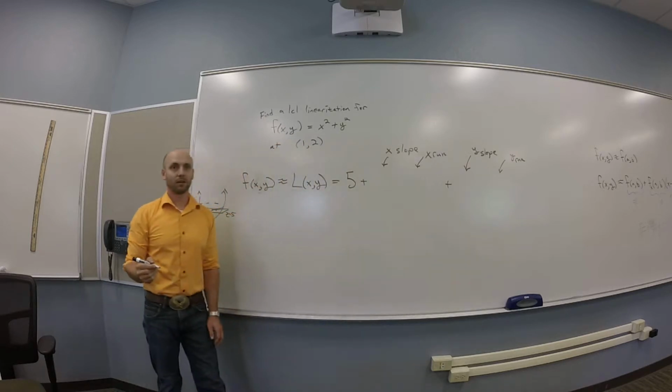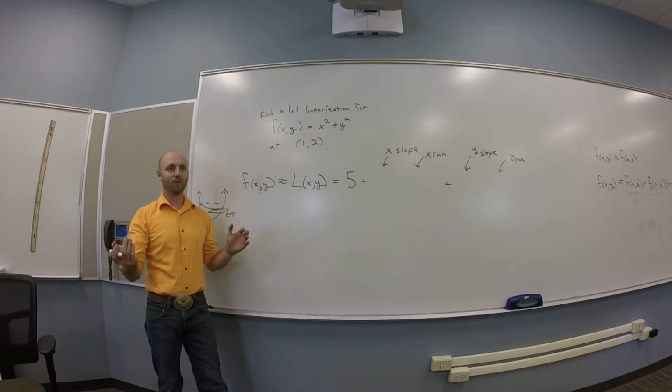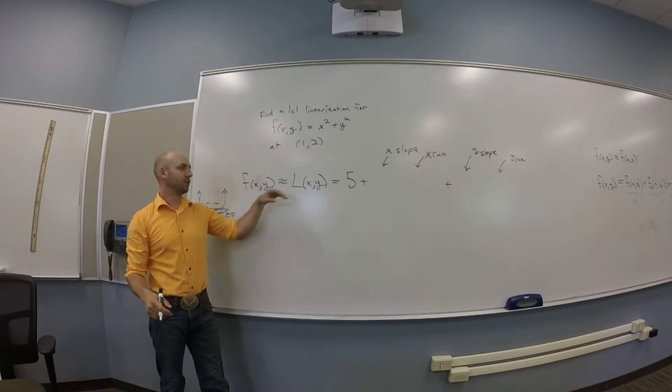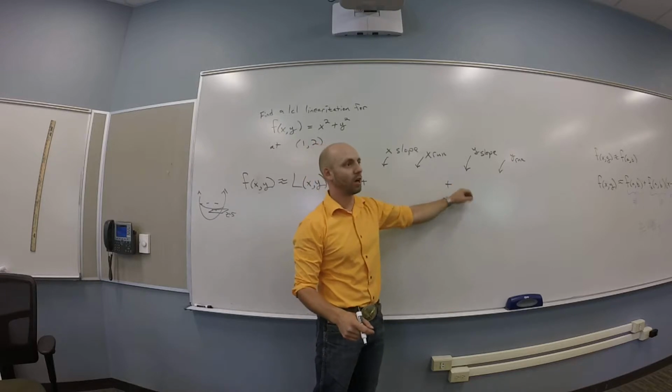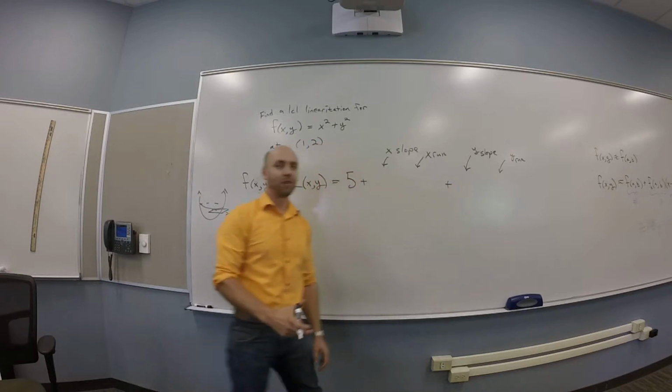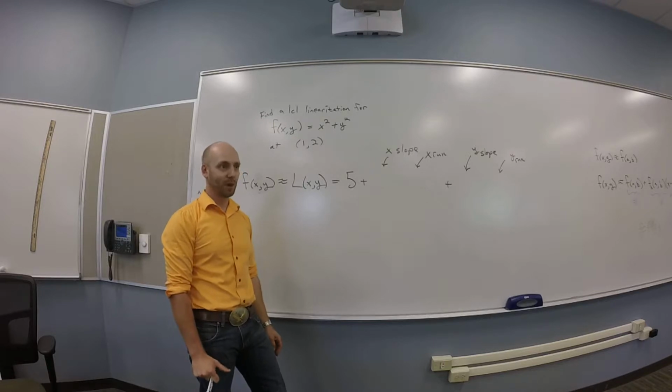You guys all good with that? It works best if you put this in your head not as a whole object, but just as dumbest guess plus x slope, x run, plus y slope, y run. I find that you guys can get it reliably down on paper better if you just have the idea in your head rather than the formula.